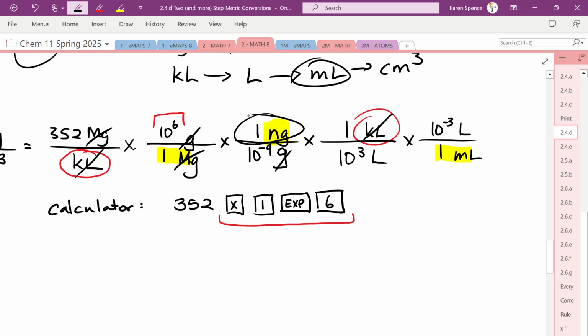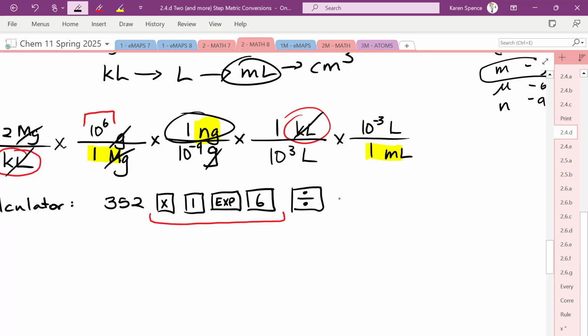We do not need to multiply by 1, there's no point in multiplying by 1. What we do want to do, though, is divide by 10 to the -9. So that's going to be 1 times 10 to the -9. So we're dividing by 1 times 10 to the -9.